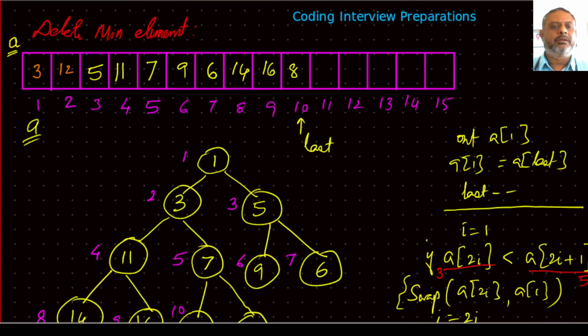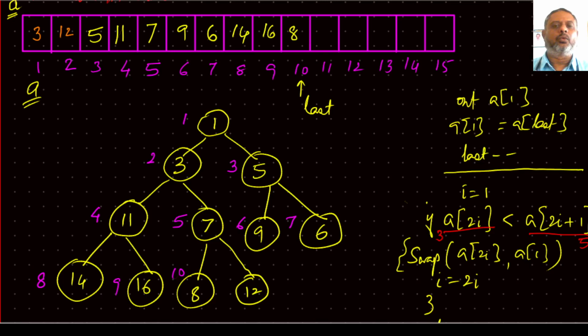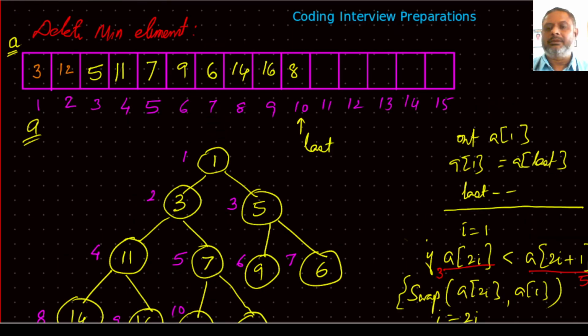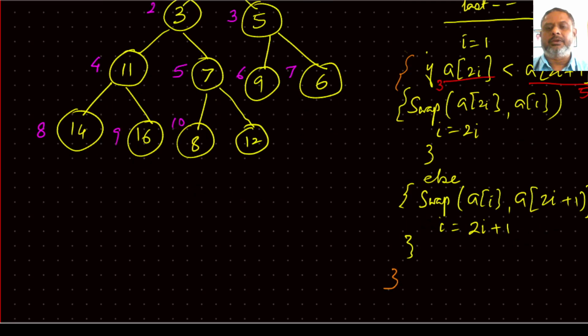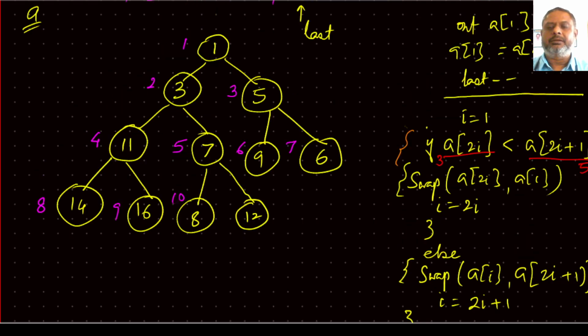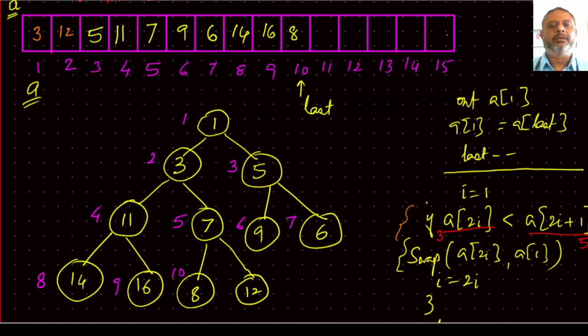What next? Then children of 2 have to be verified. So children of the 2 have to be verified. Then this whole thing has to be repeated as long as, what?